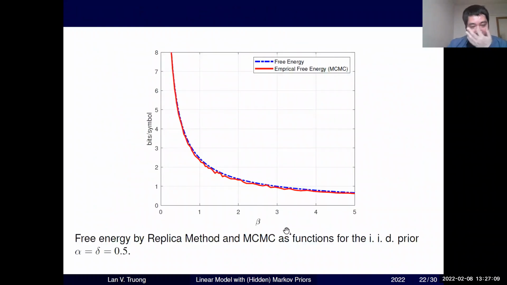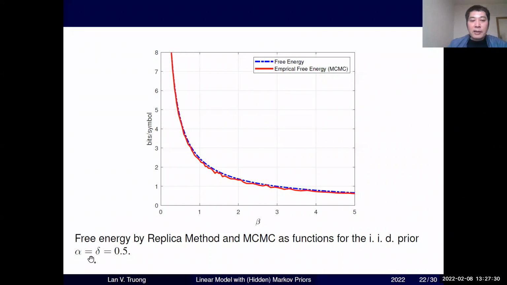The first plot is for the case alpha equal to delta equal to 0.5. This means the linear model with Markov prior becomes the linear model with IID prior, so the IID prior can be considered a special case of the linear model with Markov prior.